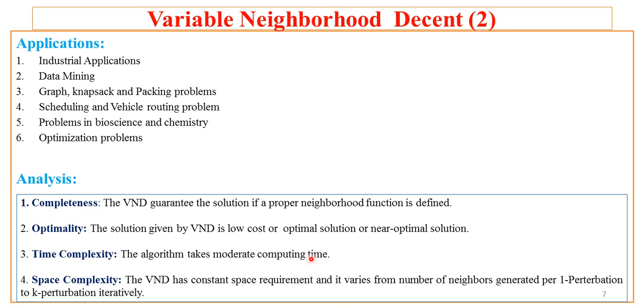Each time it is getting added, not exponentially added. That's why time complexity is moderate. What of space complexity? Space required is linear in nature, because in one perturbation it may generate 5 children, in 2 perturbations it may generate 10 children, in k perturbations it may generate 20 children.